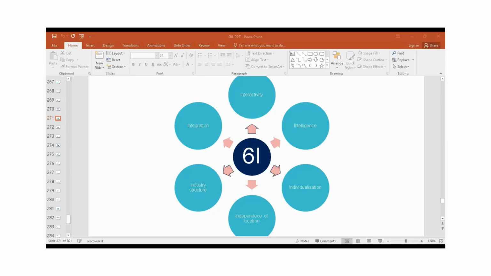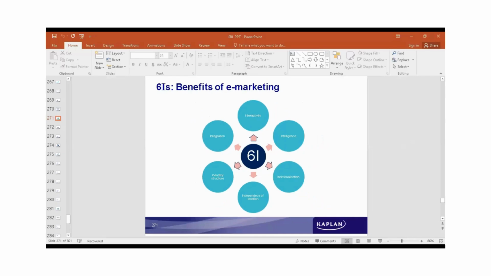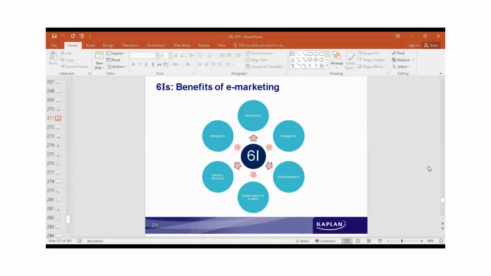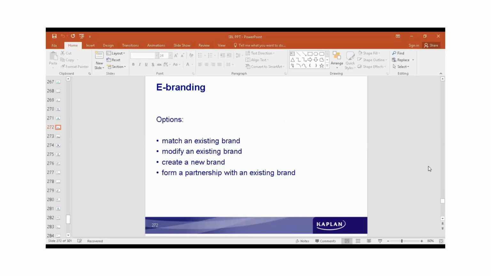It is no longer restricted to a particular location or local area, but it is independence of location. Now it is a global market wherein the sellers and the customers are all present, and can get the benefit out of all of them. Those are the six benefits of e-marketing. Okay.